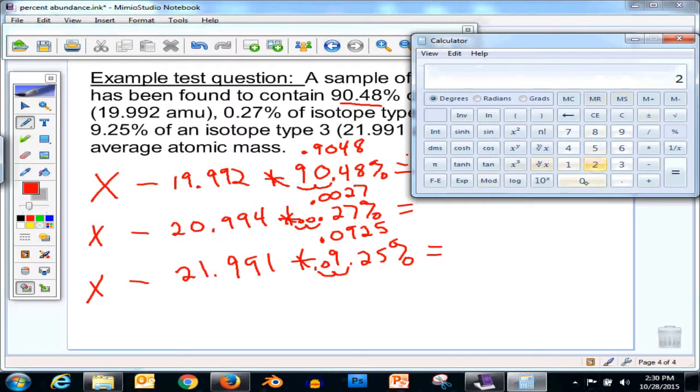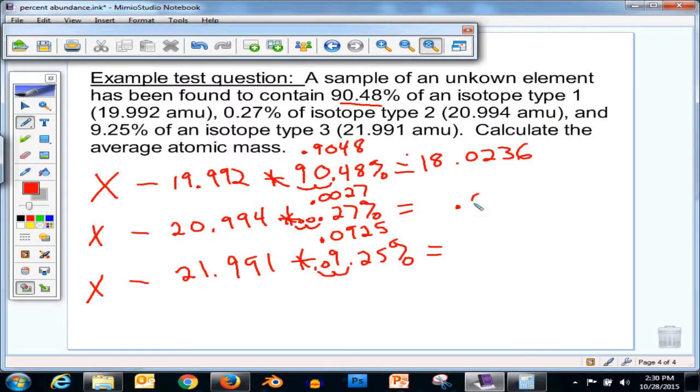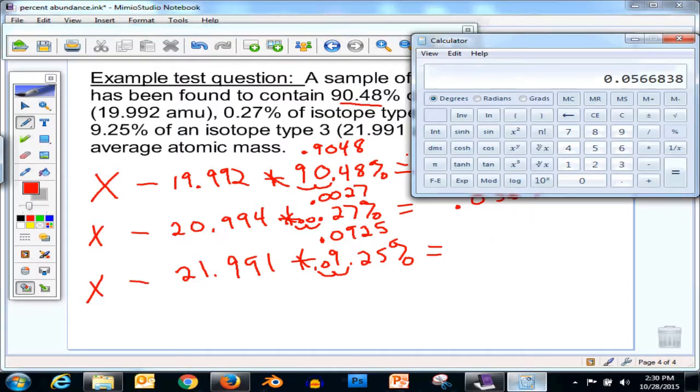And then 20.994 times 0.0027 equals 0.0567. Notice I did round there. Okay? And then the last one, 21.991 times 0.0925 equals 2.034.